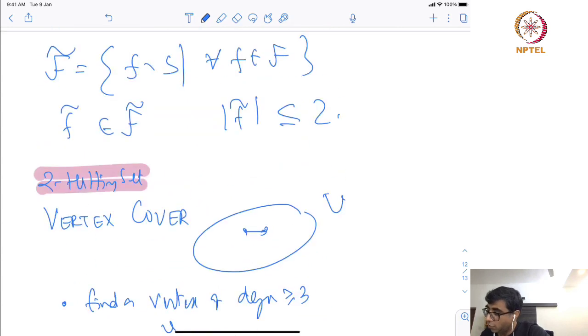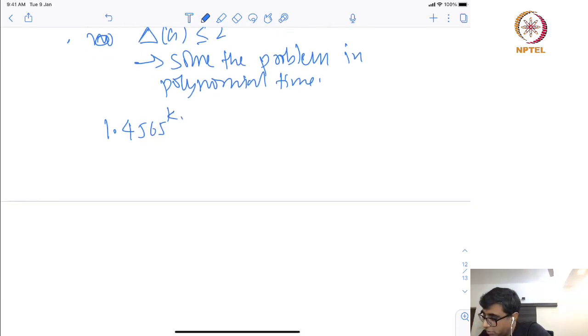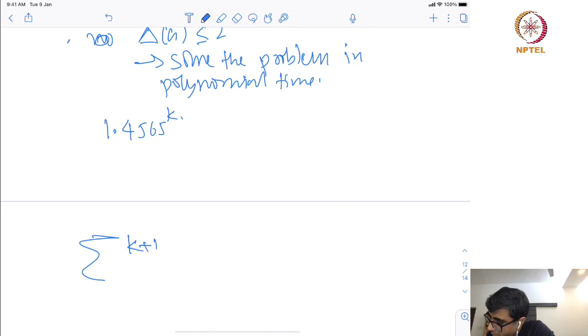Okay. So now we know such a good algorithm for vertex cover. The vertex cover algorithm we know is 1.465 to the power k. So now if I do my computation, what will the disjoint algorithm take? It is going to be the summation of (k+1 choose i) times 1.465 to the power k minus i.